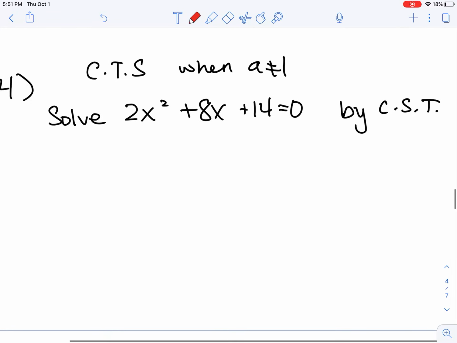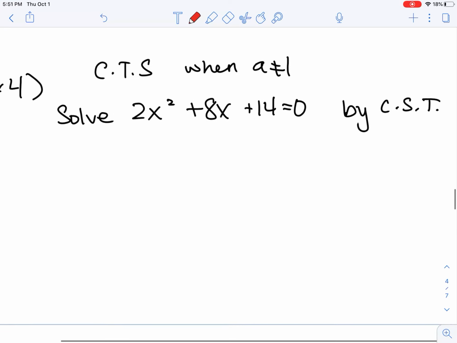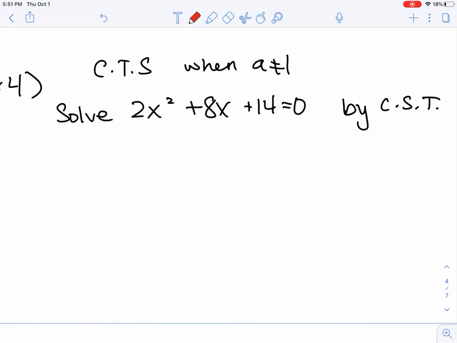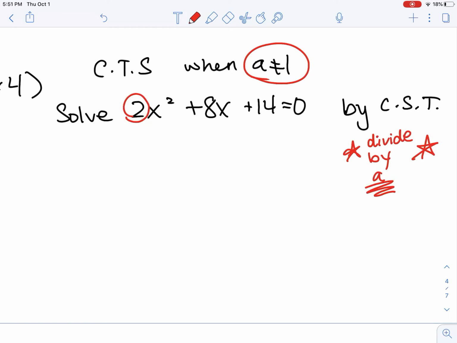Now, we're going to complete the square when a does not equal 1. This is just like what we were doing before with one added step when our a value does not equal 1. We've got one extra step, and it's right here. We're going to divide each part by a. So here's a.